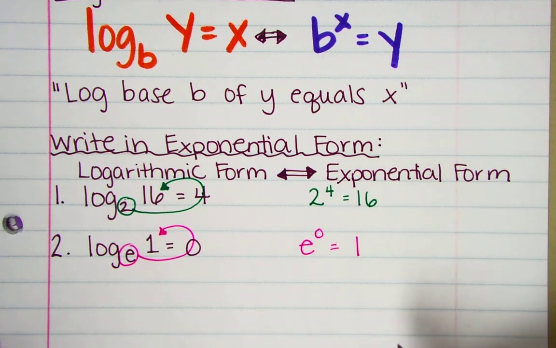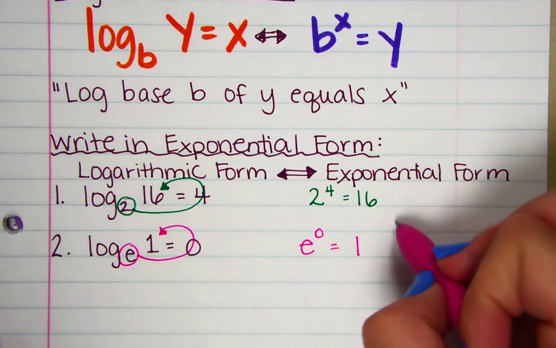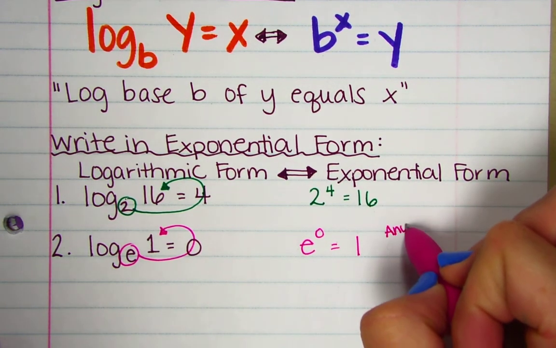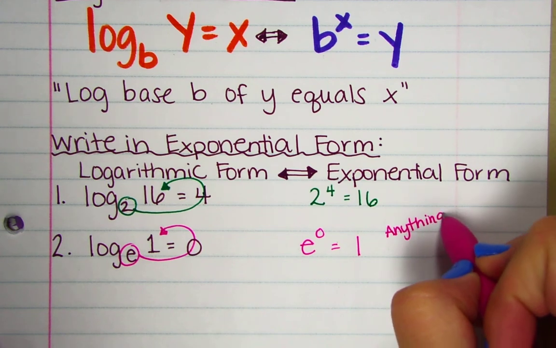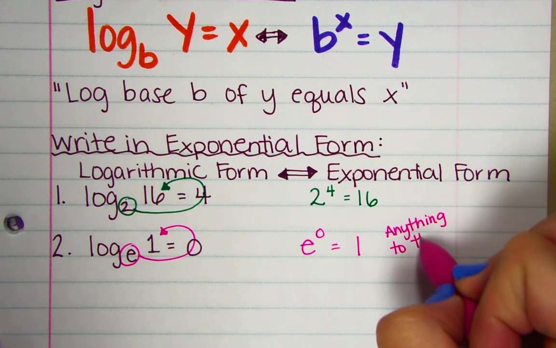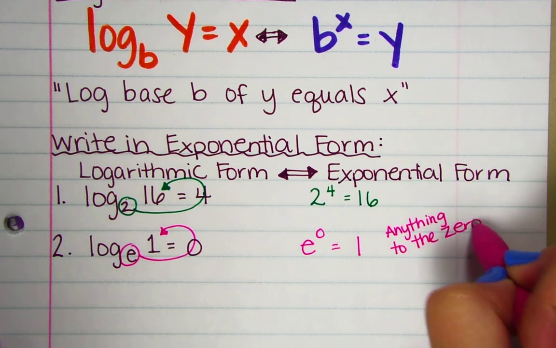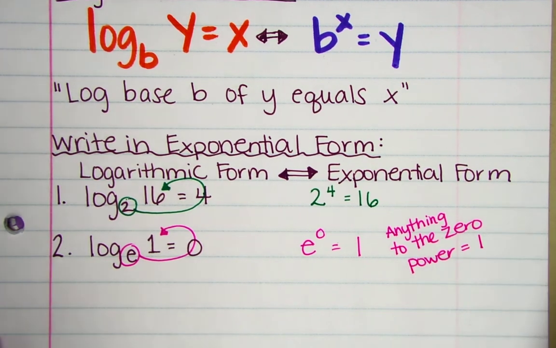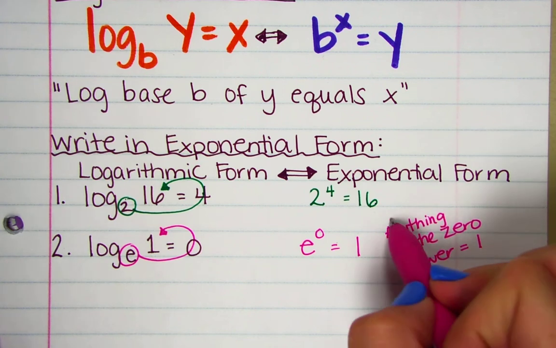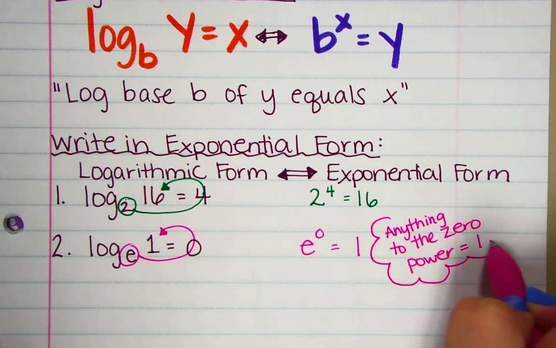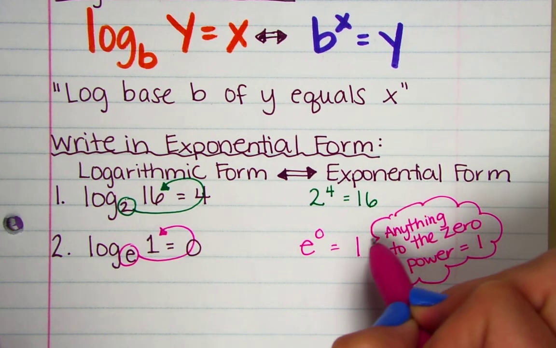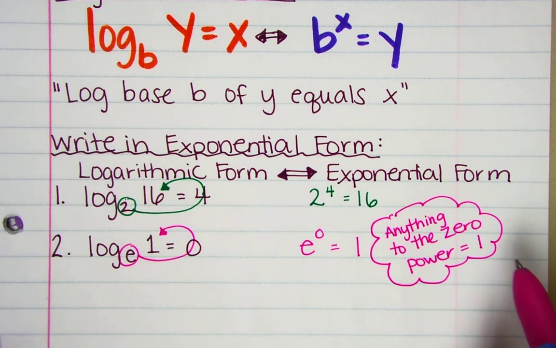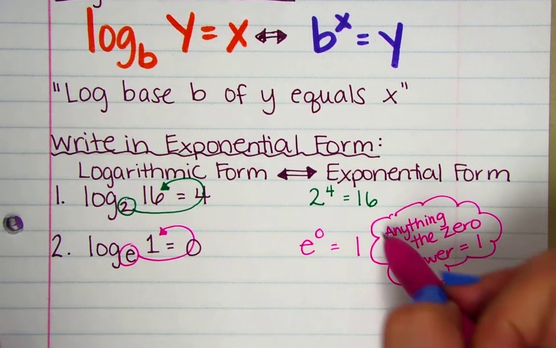All right? And this is a special rule that we need to remember. You're going to need it more than once. Anything to the 0 power always equals 1. That's a rule that we've talked about before. It doesn't come up all the time, but it's a very basic rule.